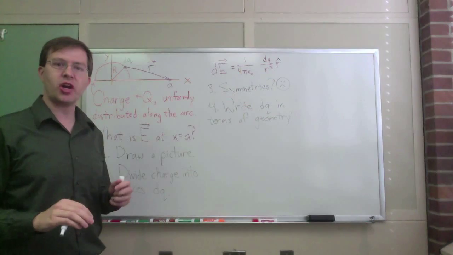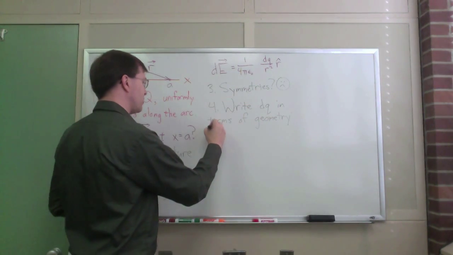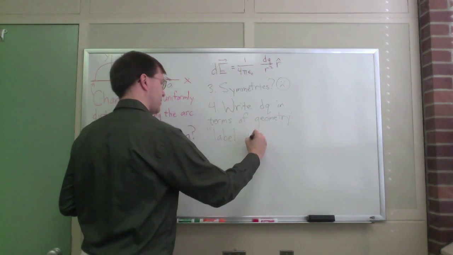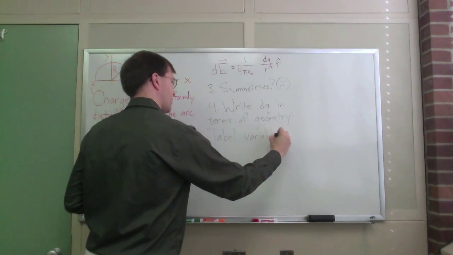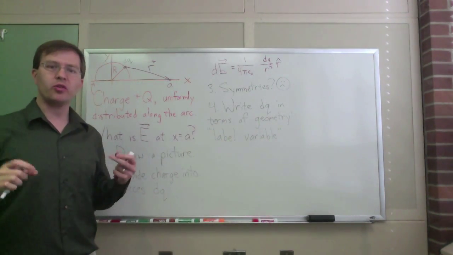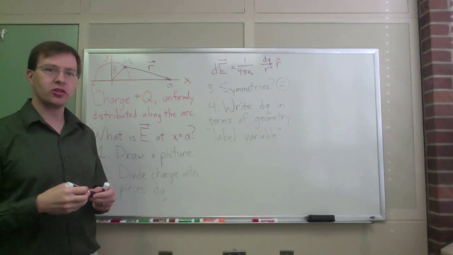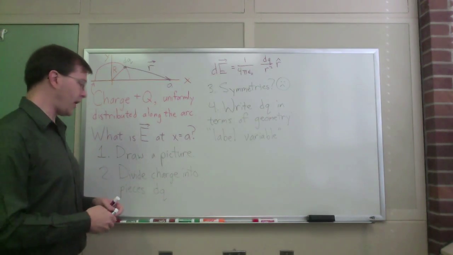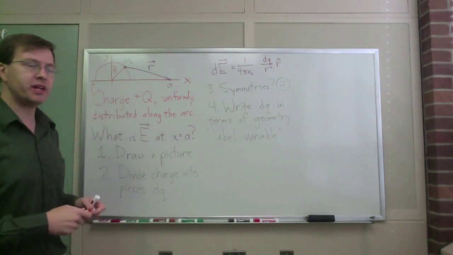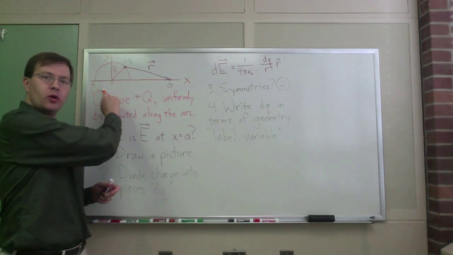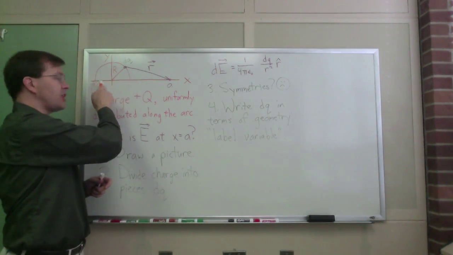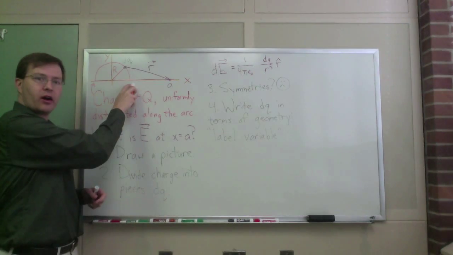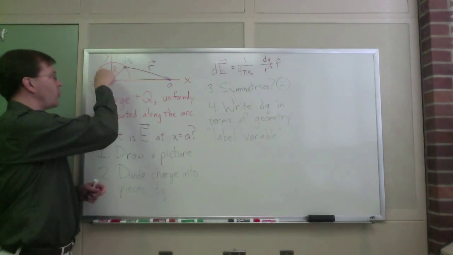When I say write it in terms of geometry, what I really mean is to find some label variable that will uniquely label every little dq that I'm going to consider. In this case, I can think of two reasonable choices for a label variable. One choice could be to say every little dq along my arc has a unique value of x that labels it. And so I could say my x is going to go from negative R to positive R, and each x corresponds to a point up there.